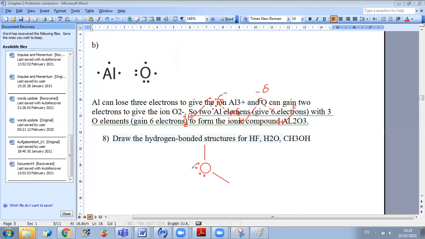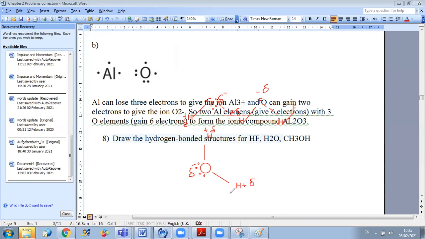So here you have delta minus, okay, a negative dipole charge from this side, and you have 2 molecules, H here, 1 here, and 1 here, and both will have a positive dipole. So I can put it like this. So this is delta plus, and this is also delta plus.